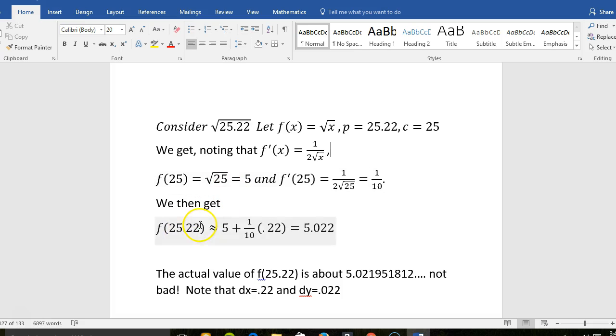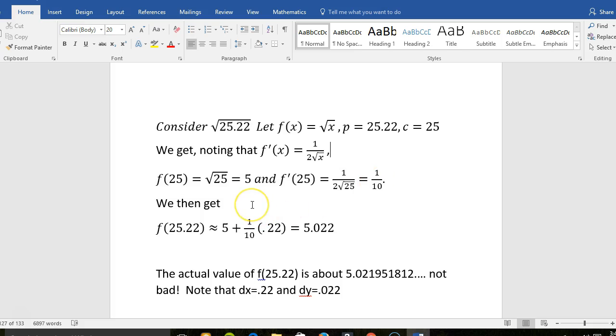Now f prime of 25, you've got to throw 25 into this. The square root of 25 is 5, and 5 times the 2 that was already down there is 10. So that's 1/10. F of 25 was really easy, and f prime of 25 was pretty easy.